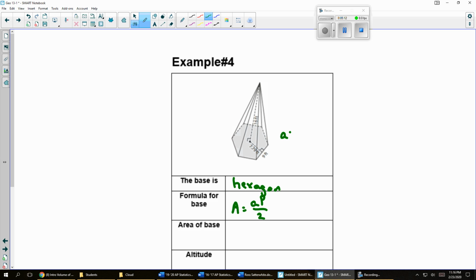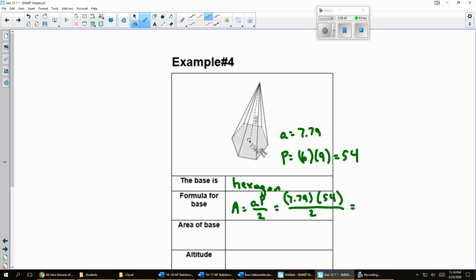So the apothem, you can see we've drawn in there, is 7.79. The perimeter is going to be 6 sides that are each 9 feet long. That's 54 feet. So the area of that shaded hexagon is 7.79, that's the apothem, times the perimeter, which is 54, divided by 2.